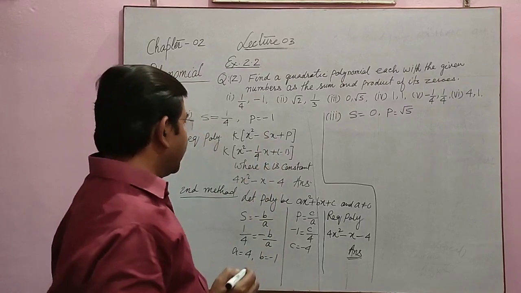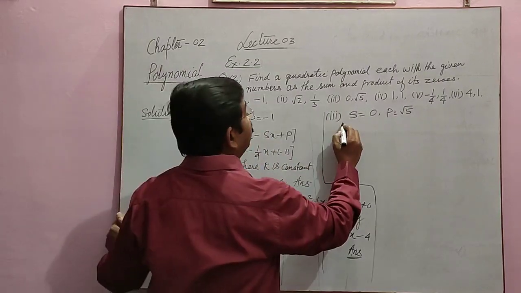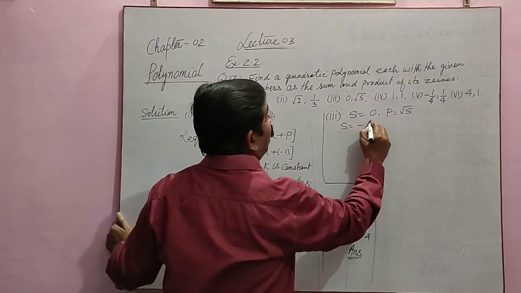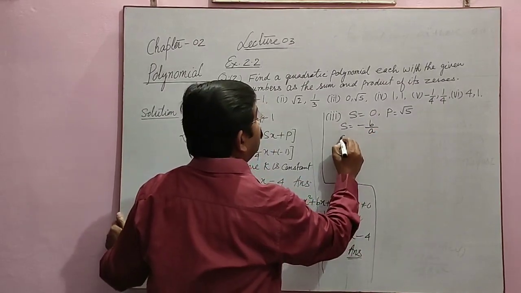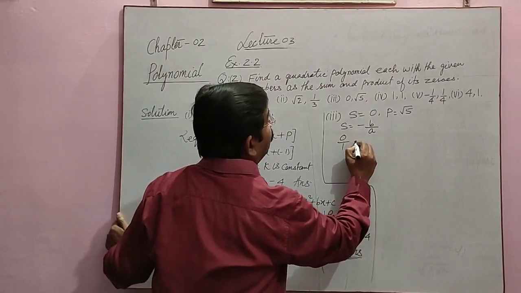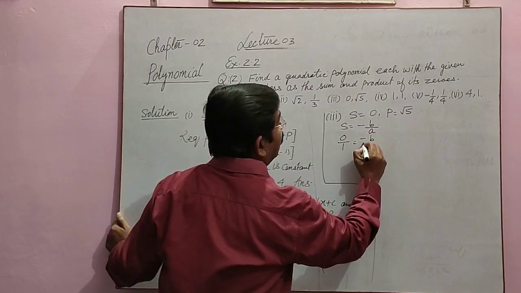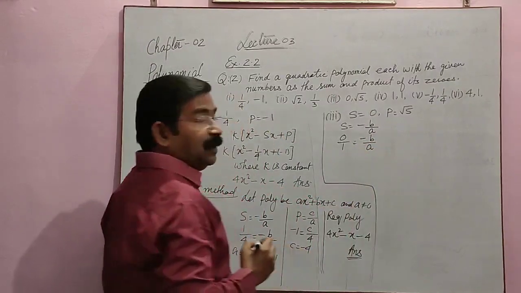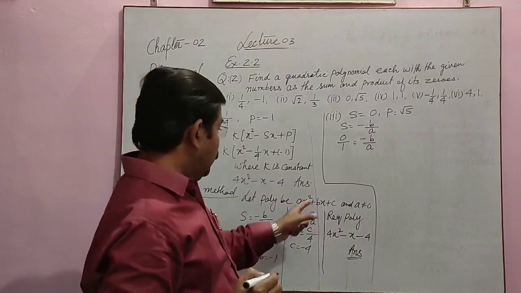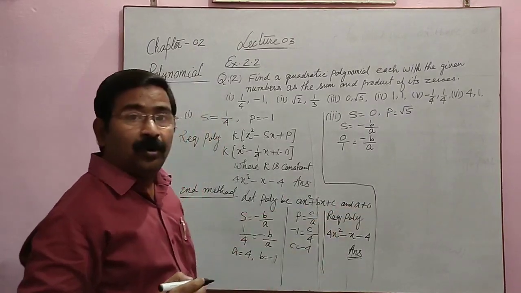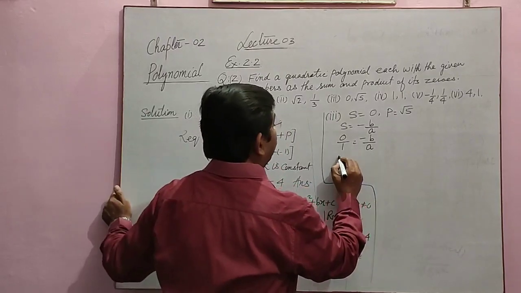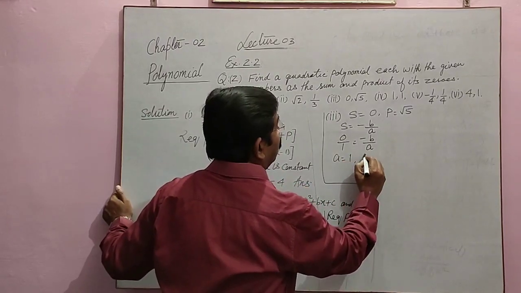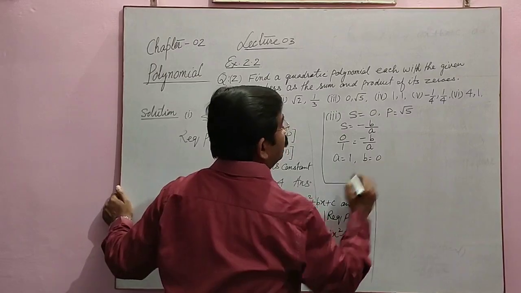So let's see, s is equal to minus b upon a, and s is given as 0, so 0 upon 1 is equal to minus b upon a. You know that a is not equal to 0.